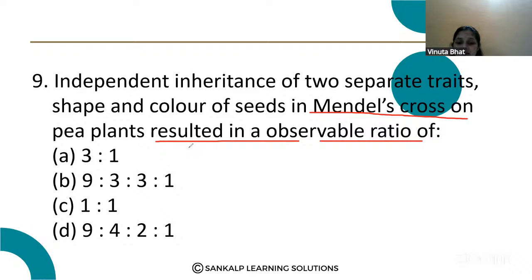See the answer here. That is 9 is to 3 is to 3 is to 1.